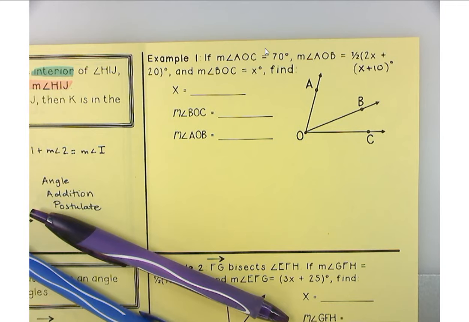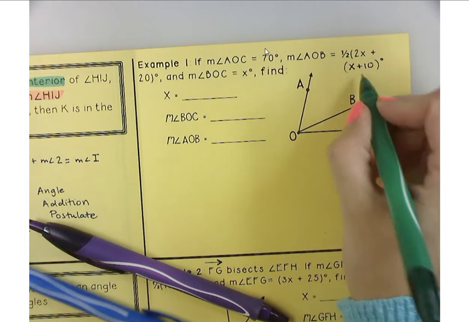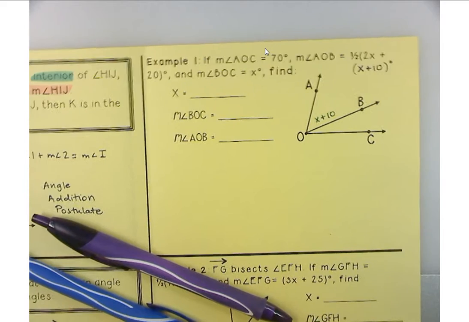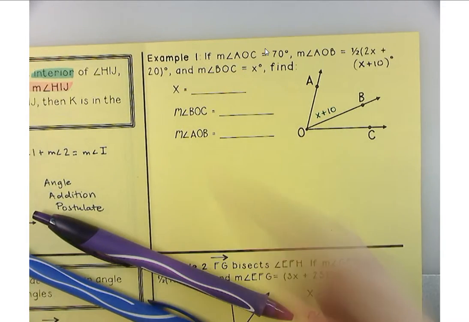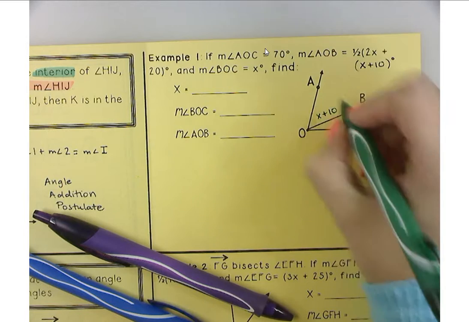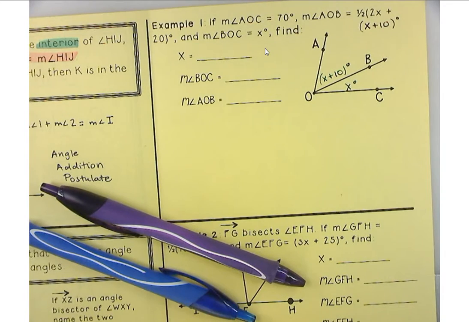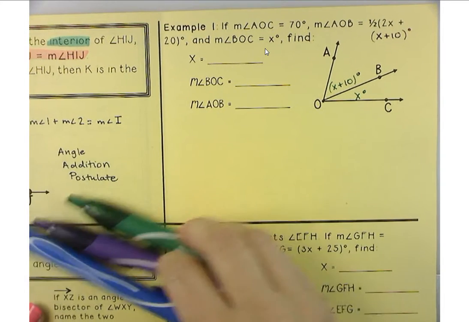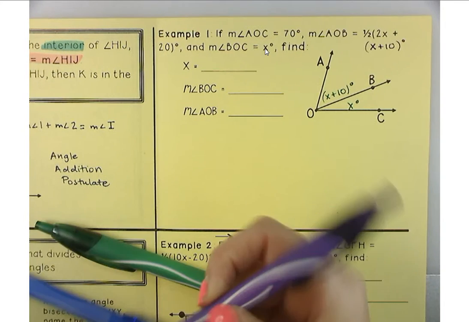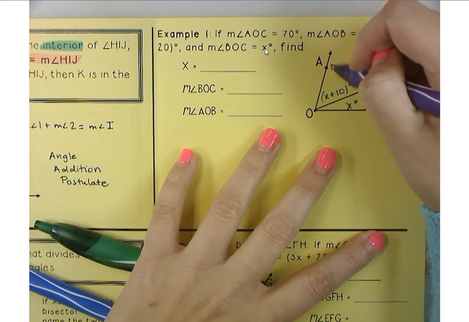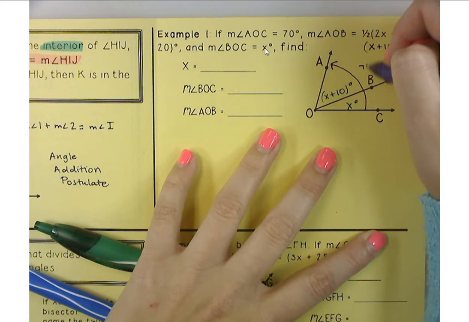Just label your angles. If you know that AOB is x plus 10, I would label this as x plus 10. If I know that BOC is x, I'm going to label this here as x. This is degrees, this is degrees. Now the whole angle is 70, so I would draw from one line to the other line, and that whole thing is going to be 70 degrees.